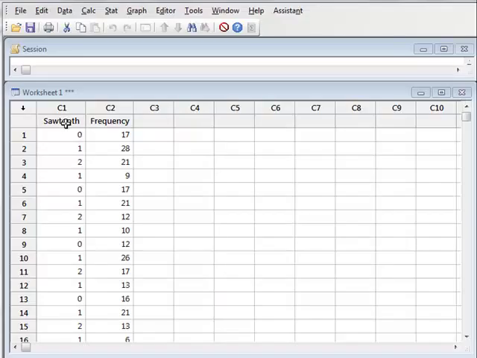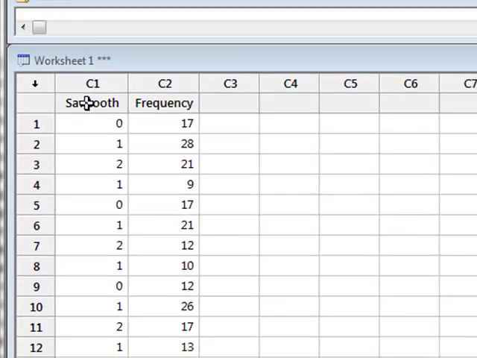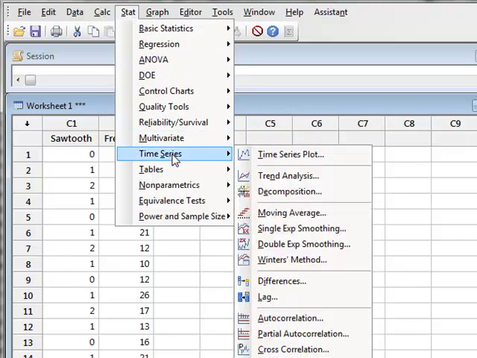We can now consider the same analysis using Minitab. The data in column C1 of 0, 1, 2, 1 returning to 0 and then repeating the same pattern with a period of 4 units represents a very distinct sawtooth waveform, and we can use this to investigate the use of autocorrelation in Minitab, for which we go to Stat, Time Series, Autocorrelation.